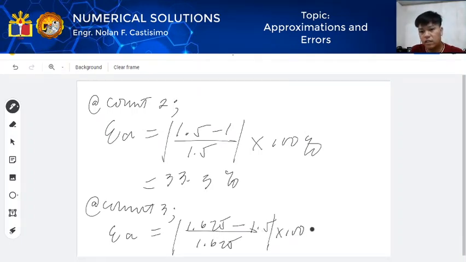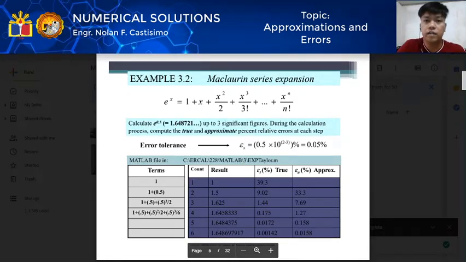Times 100. Now, considering 3 significant figures, now we have 7.69%. Okay? So the rest of the counts, kayo nang bahalang magsagot.